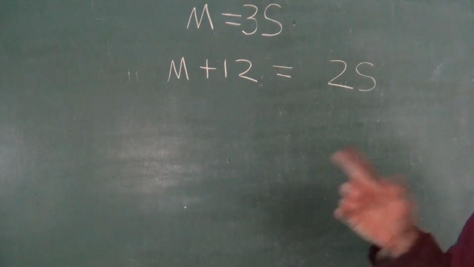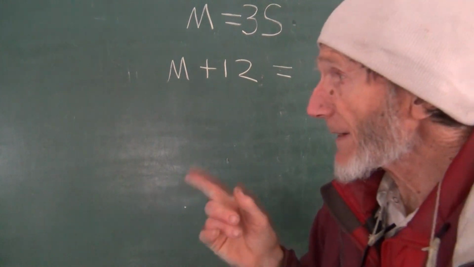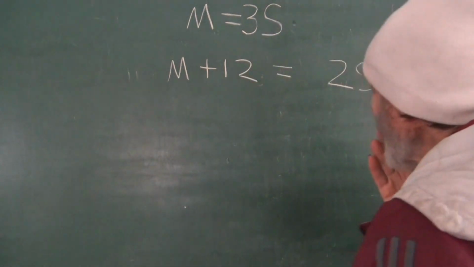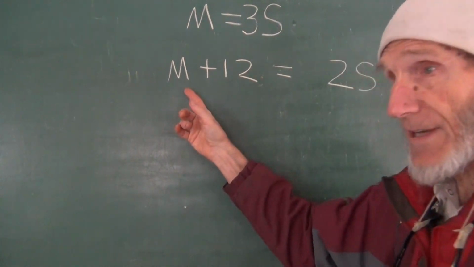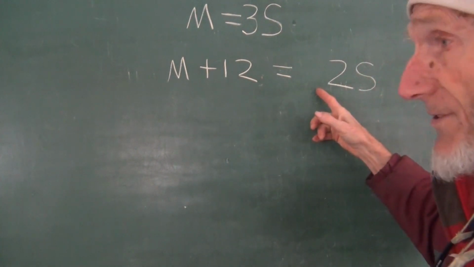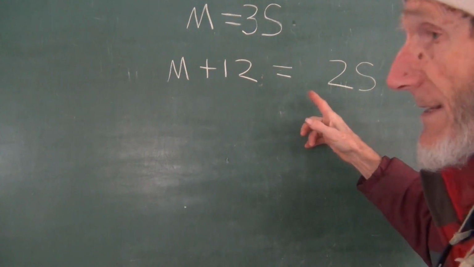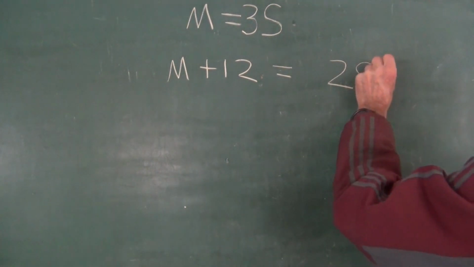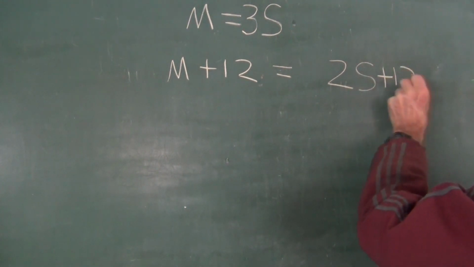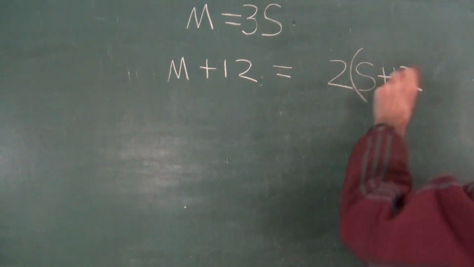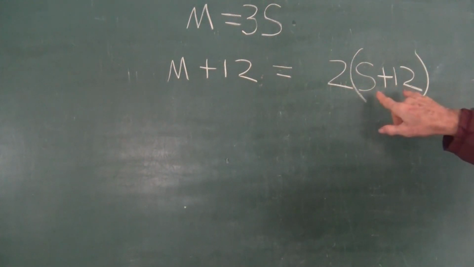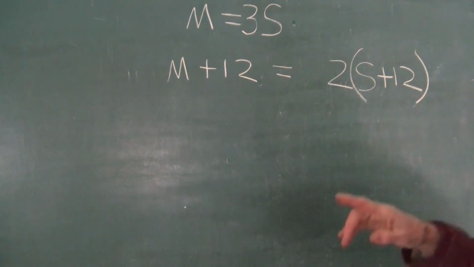Now, the trick is here, her age will be 1 year less than twice her son's age, but it's not her son's age, it's her son's age 12 years from now. So that means we have to put a plus 12 here. And don't forget parentheses, remember PEMDAS, because twice her son's age 12 years from now.